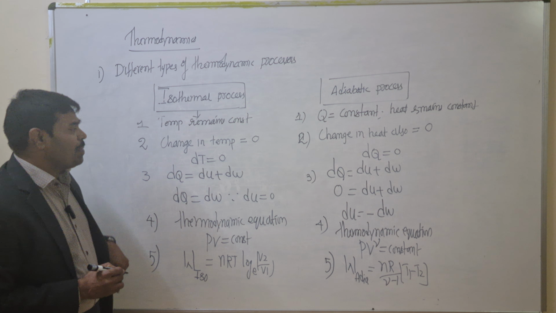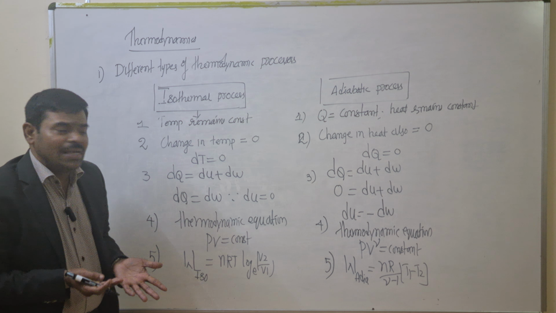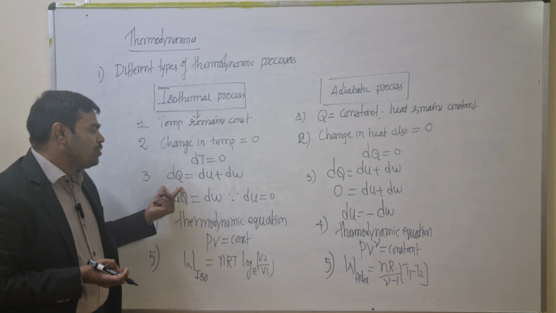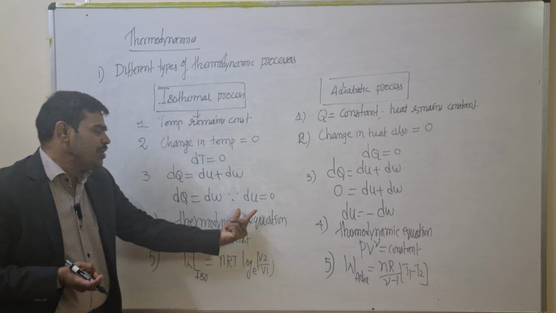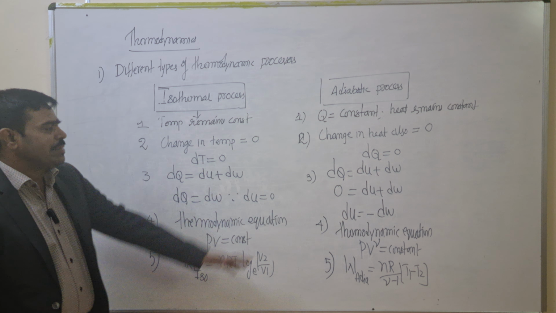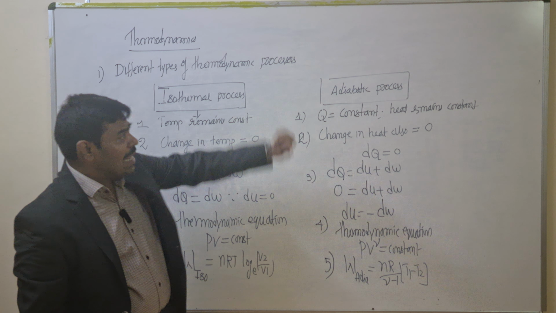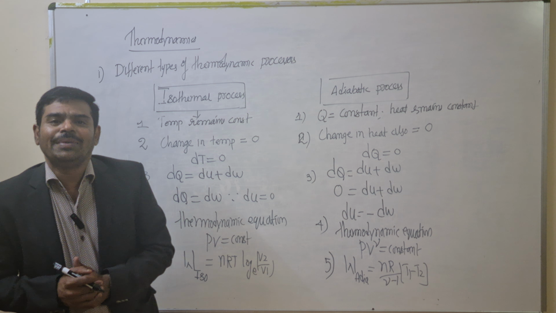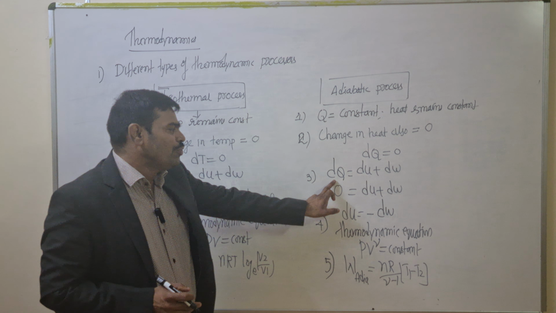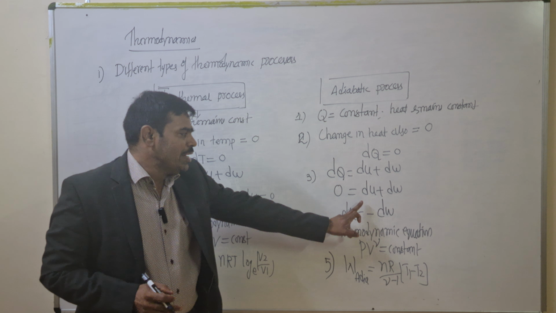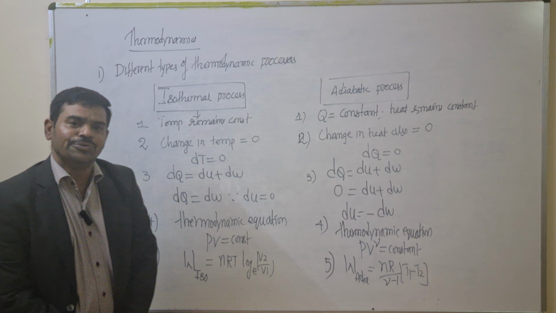In the isothermal process, applying the first law of thermodynamics, you get dq equal to dW, since dU equal to 0 when the temperature change is 0. In the adiabatic process, applying the first law, you get dq 0, therefore dU plus dW equal to 0, so dU equal to minus dW.